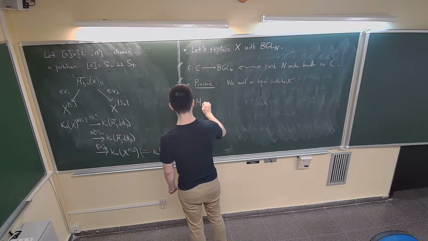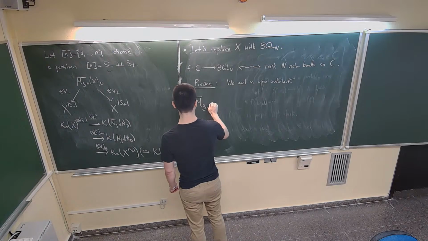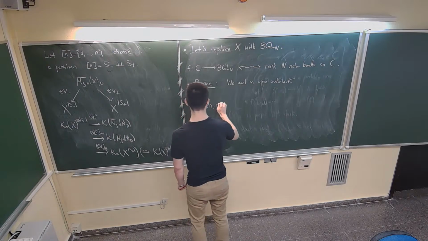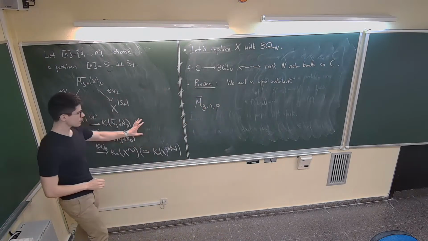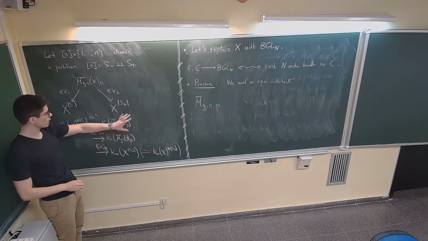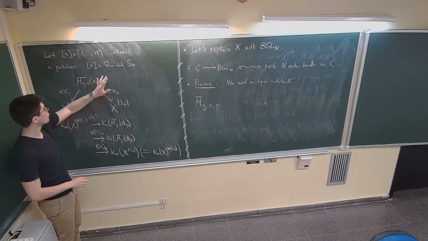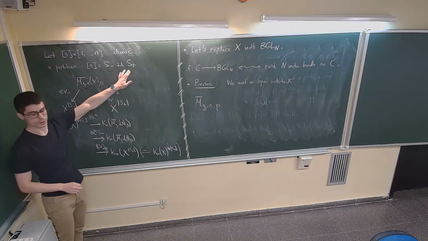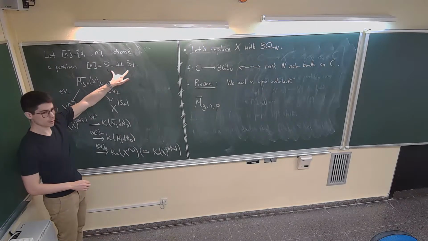I'm going to call it M bar G, and I'm going to do something weird here. In Kontsevich stability, or in the moduli problem of stable maps, we don't distinguish between the inputs and the outputs.